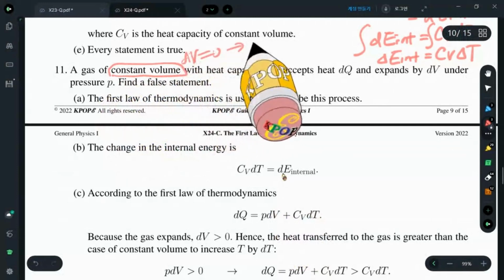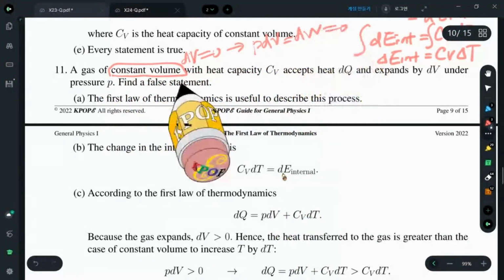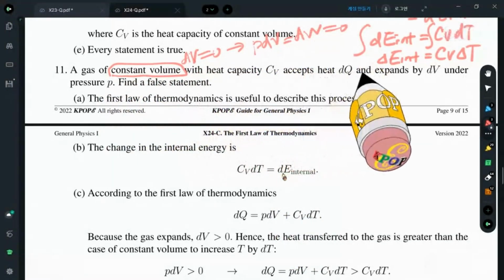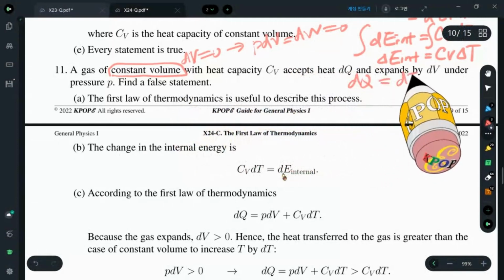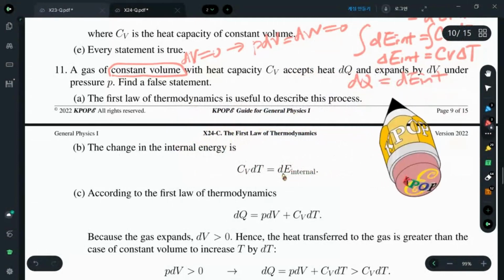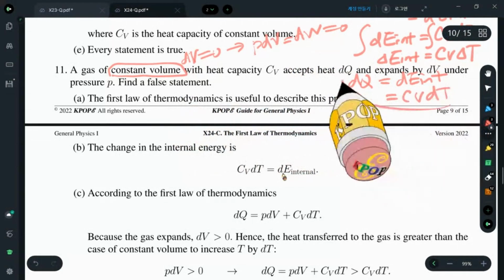Constant volume, so PdV, dW, equals 0. The heat capacity accepts the heat at constant volume; dE internal equals CV dT. Memorize.